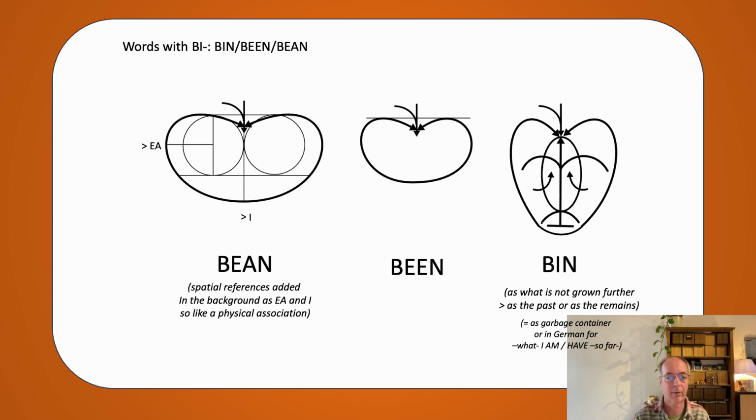Not negative or not positive, it doesn't matter, but it's what you have collected so far. Bin is also what you have collected so far, but it's also in the past. Bin is the same word, it has the same form, but it is written as a instead of double A. The A is a certain width and a round form, let's say, a center form, and the E, of course, you can see them.